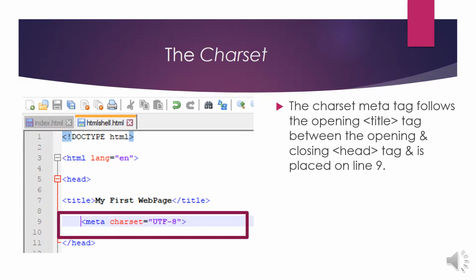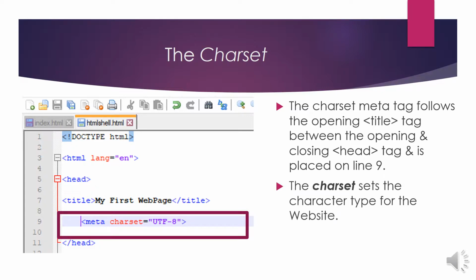The tag is meta, M-E-T-A, then space. The attribute is charset, C-H-A-R-S-E-T equals, then quotation marks, you will put UTF-8. This signifies that we are using HTML5. The charset sets the character type for the website. If you want to know more about charsets, then you can click on this link to learn more.